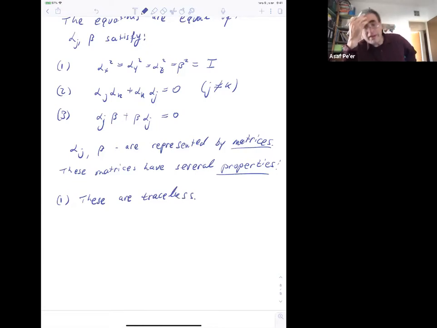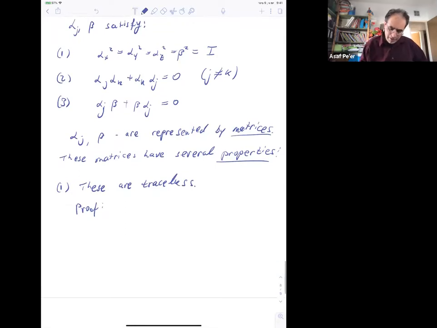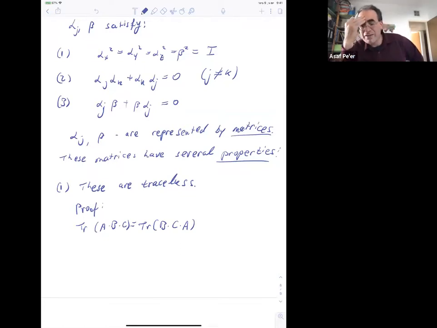And in order to prove that, we're going to use the cyclic property of a trace. This is something which I hope that you've seen in your linear algebra course. Trace of A dot B dot C is equal to trace of B dot C dot A. If you haven't seen that, then consult your favorite linear algebra textbook.